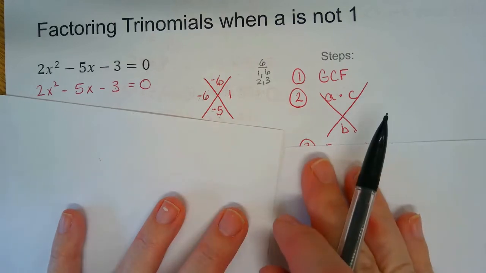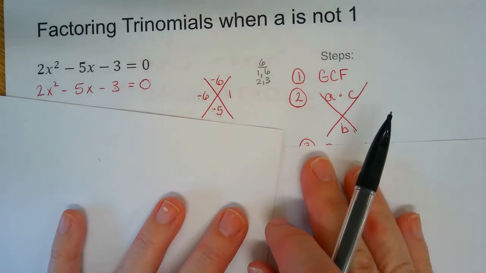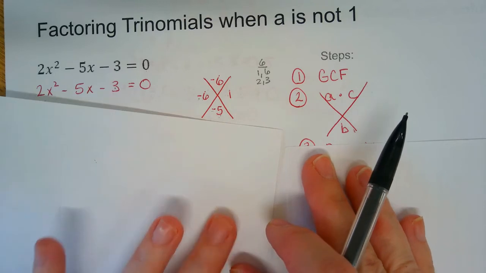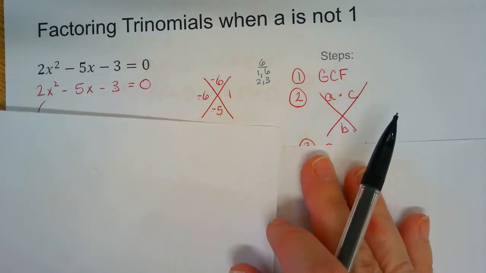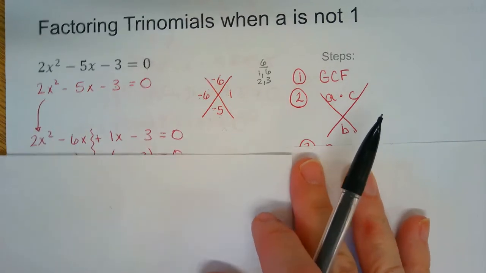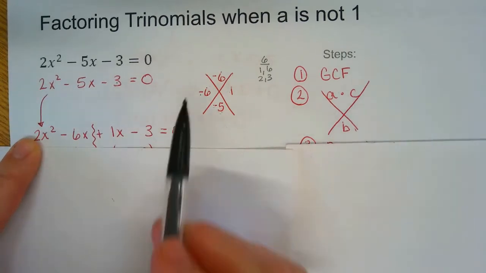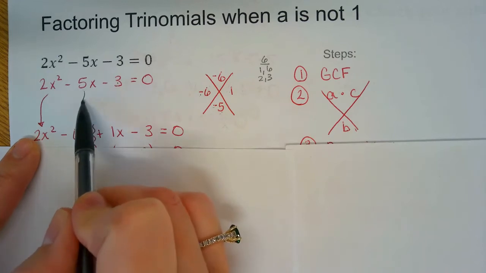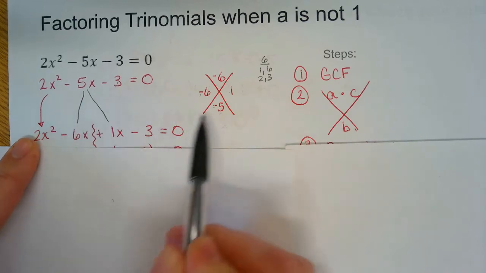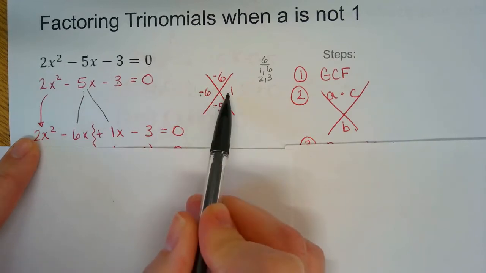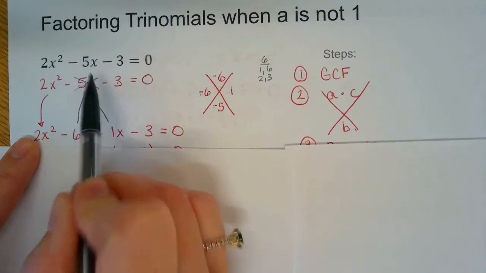Okay, now I can't do that shortcut that you and I were just working on previously. So now I have to do this whole process where you're going to drop down that first term, rewrite this. So this negative 5x is getting split into these two guys that we just found here. So you're not going to write this guy, okay?